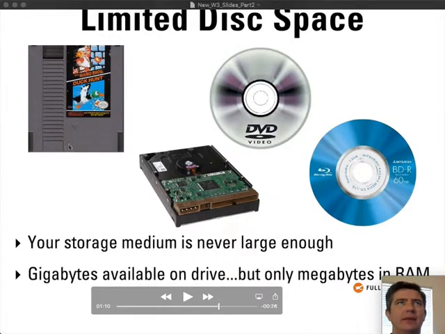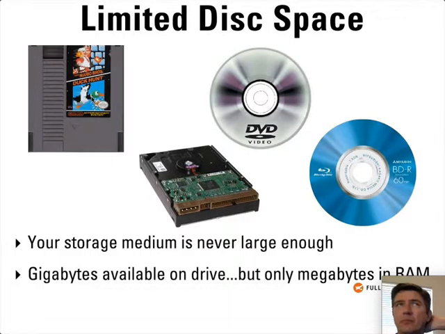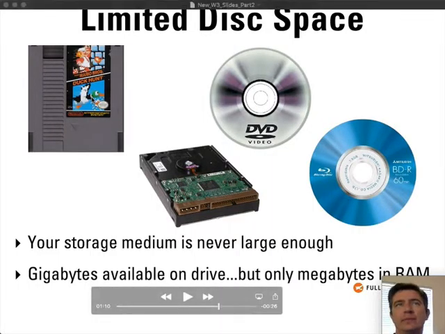So way back a long time ago, cartridges were only a couple of 100 kilobytes big, and there were thoughts of why would we ever need anything more than that? Well, of course, CD-ROMs came along with 650 megabytes worth of space. DVDs are at 4.9 gigabytes.